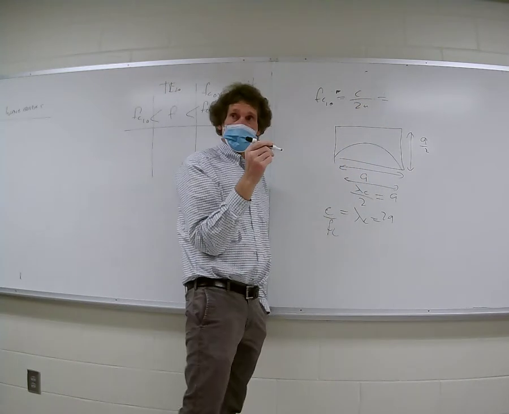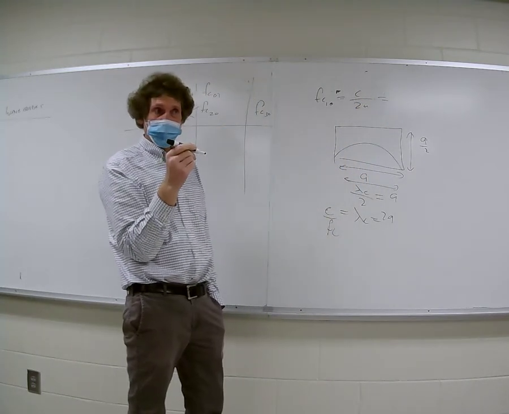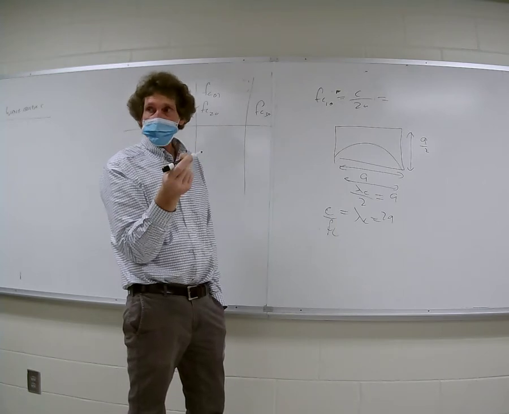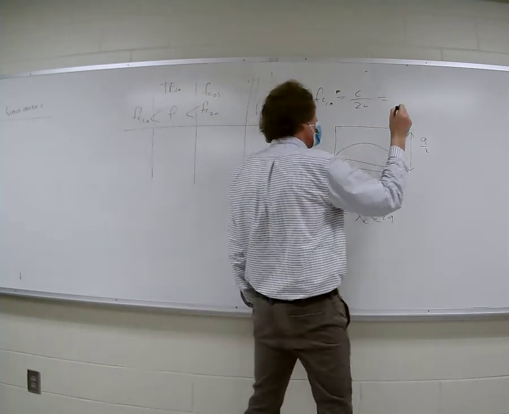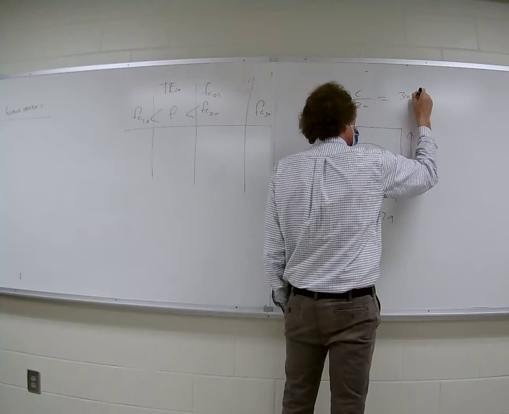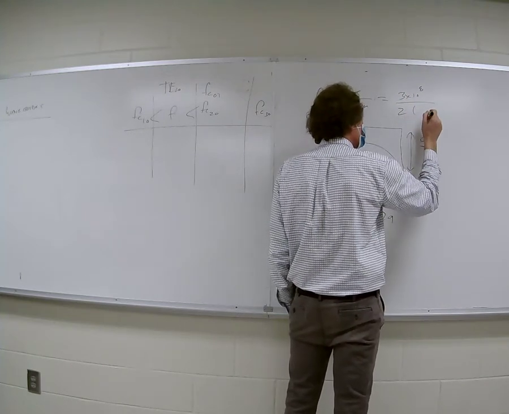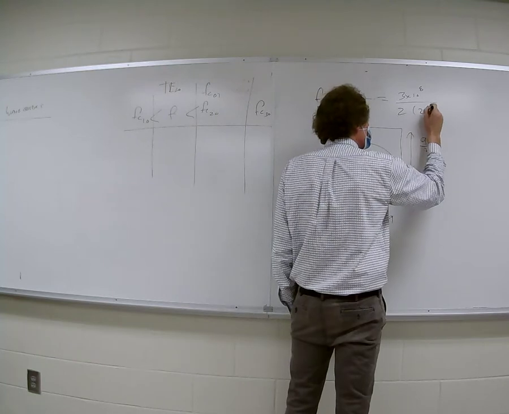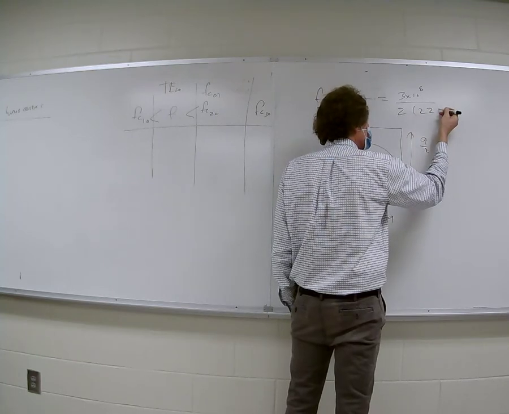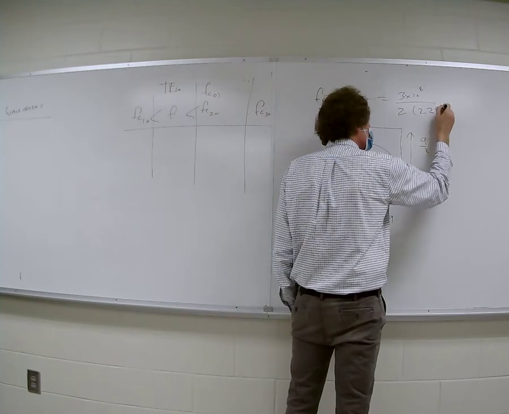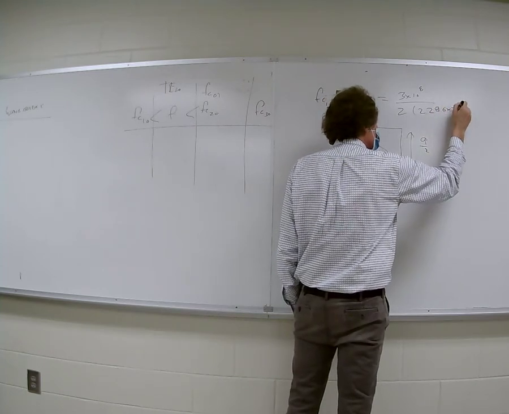Now for the problem that was given on Friday, if you think about it, C is the speed of light. 2 times an A, I want to say it's 2.2, and I forgot what it is. Is it 8.4 or something like that? 8.6 times 10 to the minus 2.